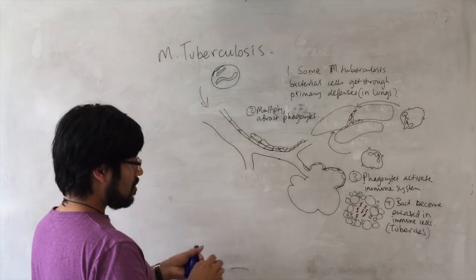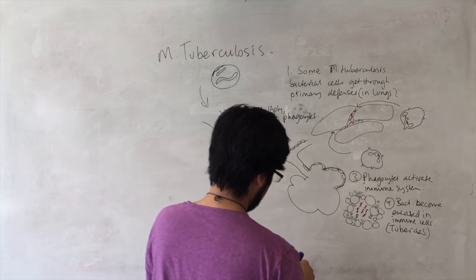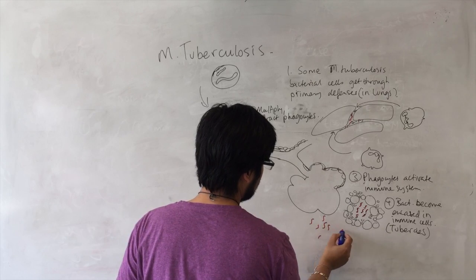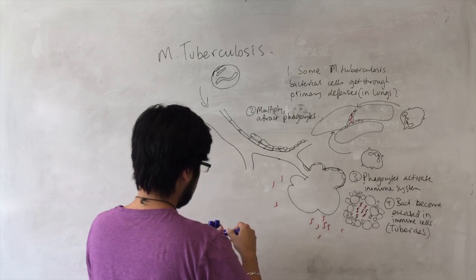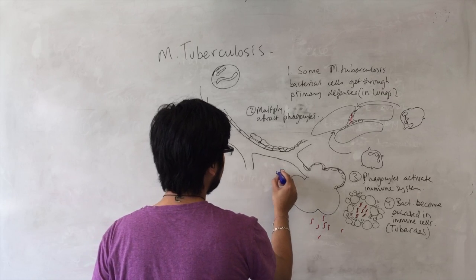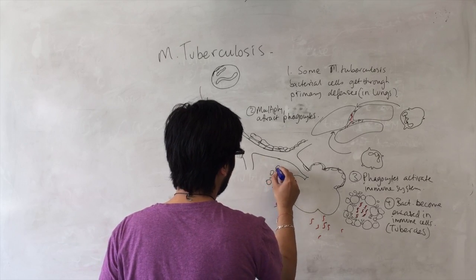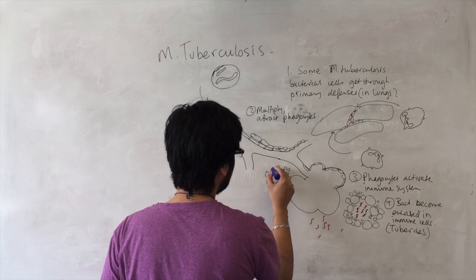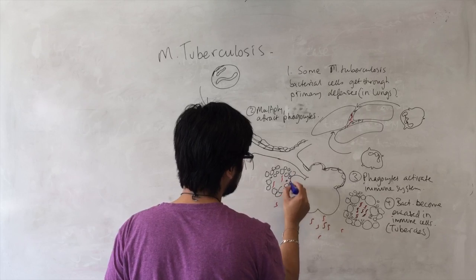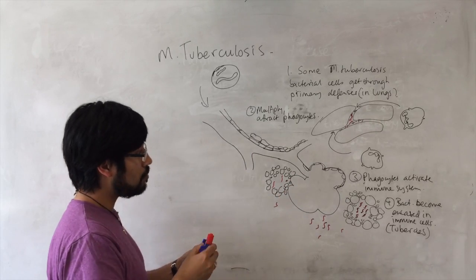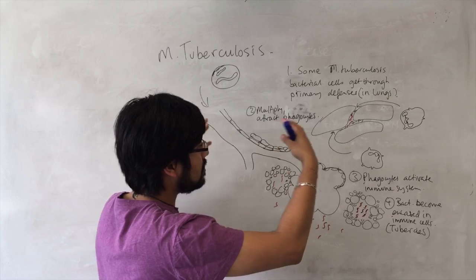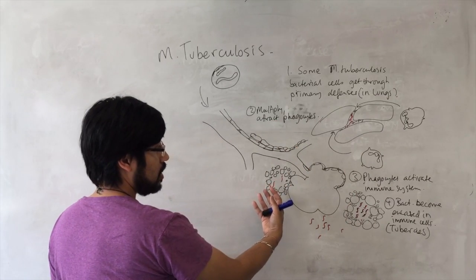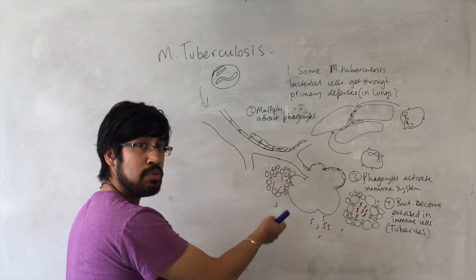However, if you have a large infection, a few things can happen. Eventually, if you have too many of these tubercles, it's very damaging to the lung tissue, because a significant amount of your lung tissue is now taken up or replaced with these tubercles.